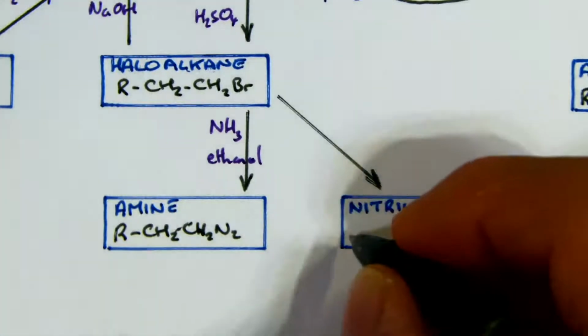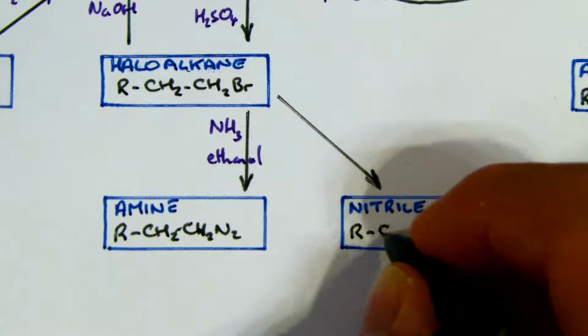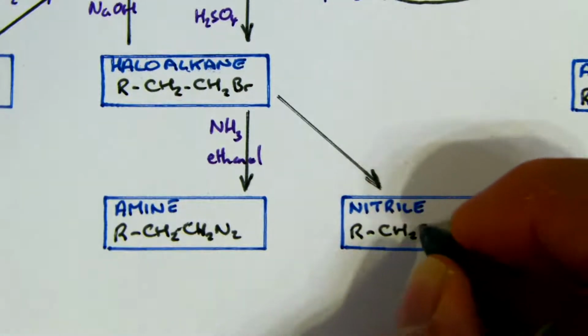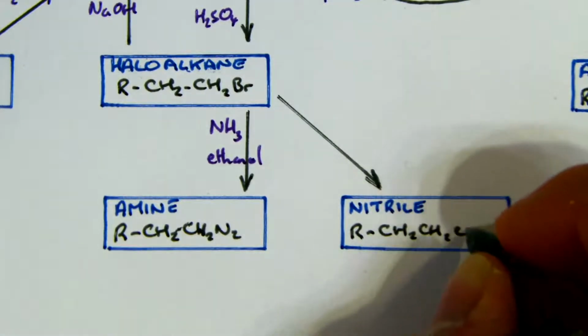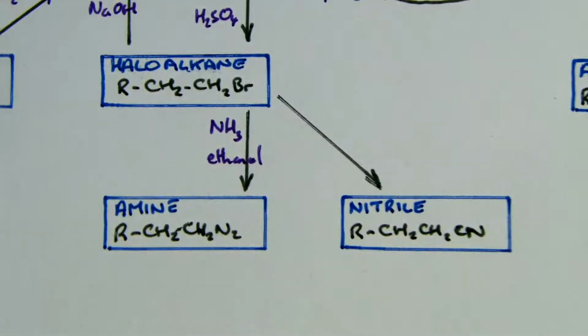And my nitrile group is going to have my CN on the end, and to make my nitrile group I would use something like sodium cyanide.